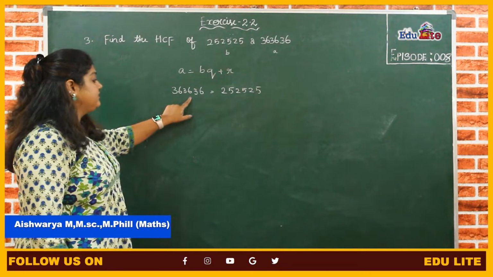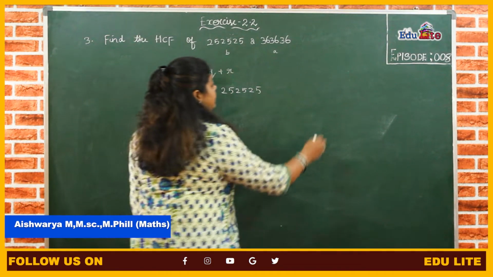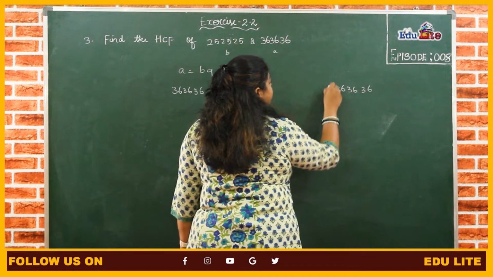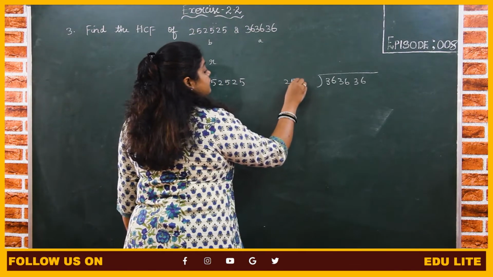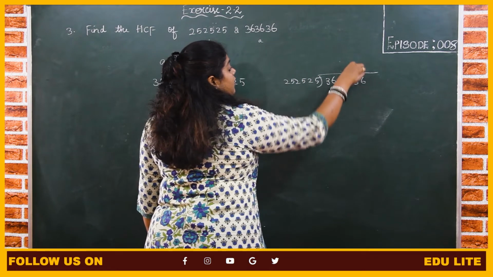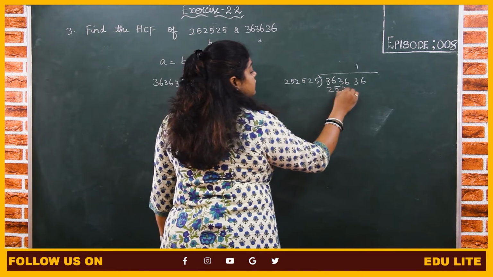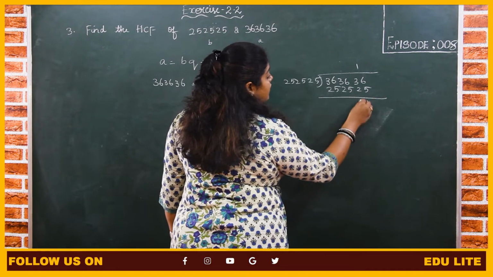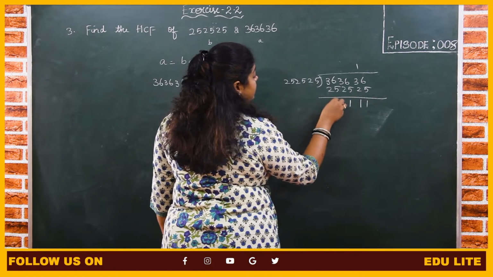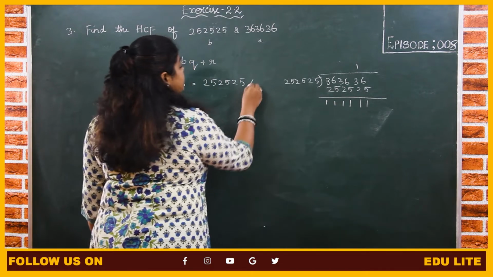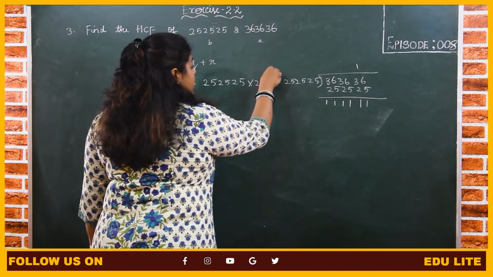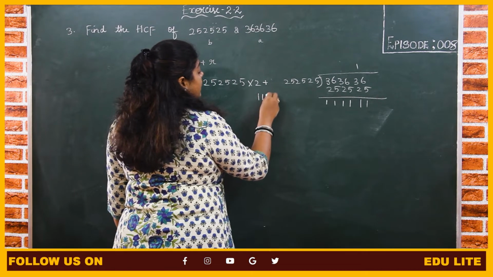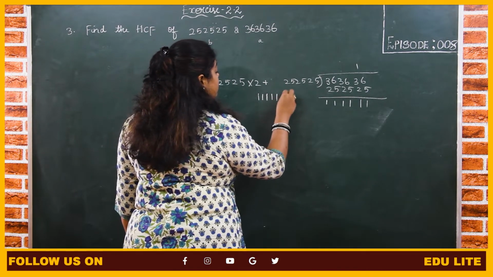First we have to divide this number by this number. 36 is divided by 25. 1 times 25, the remainder is 11. So 36 equals 25 into 1 plus the remainder 11.